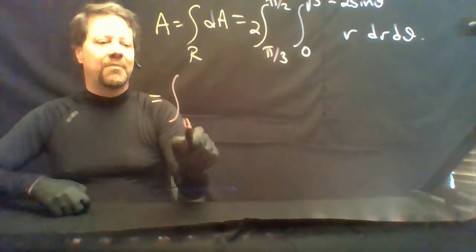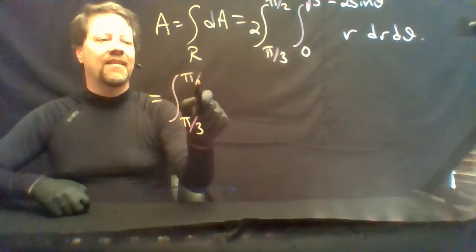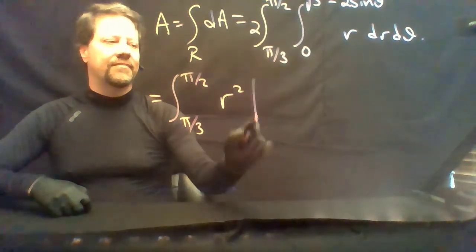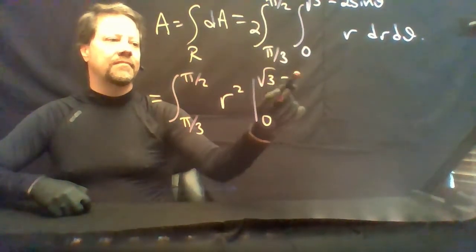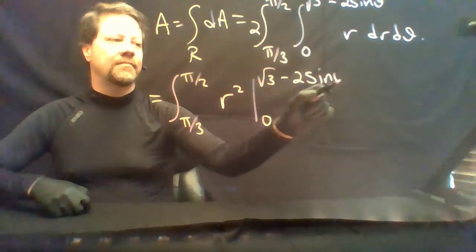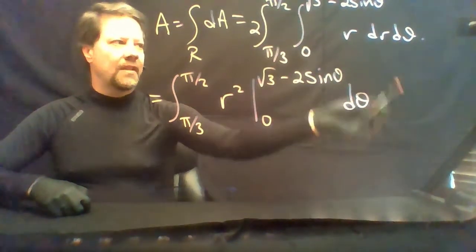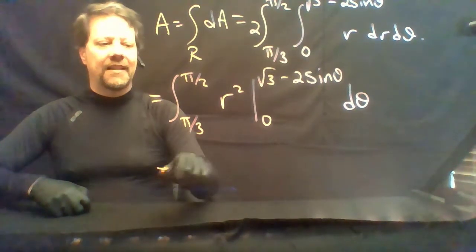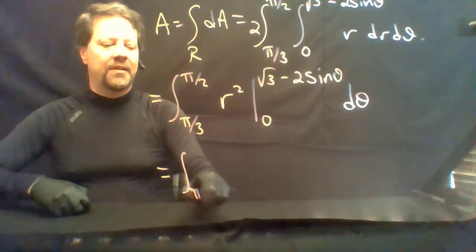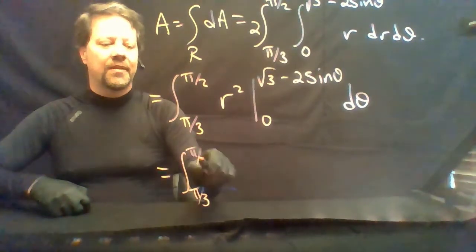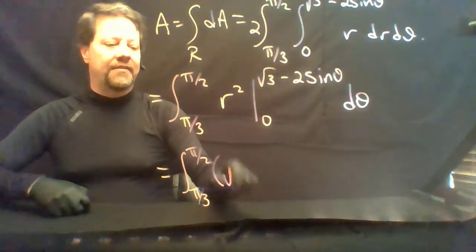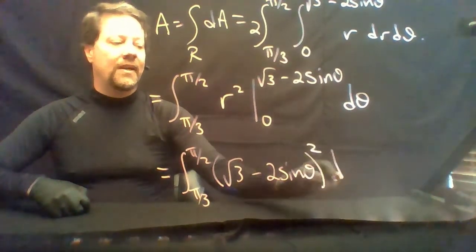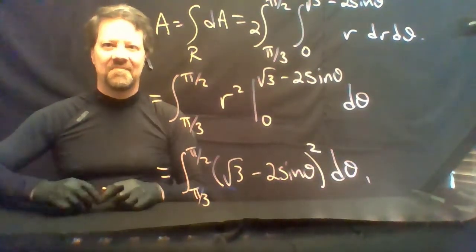So we'll get the integral from pi over 3 to pi over 2. The integral of 2r is r squared. The dr went away with the integral with respect to r. Evaluating, we get the integral from pi over 3 to pi over 2 of root 3 minus 2 sine theta quantity squared d theta.